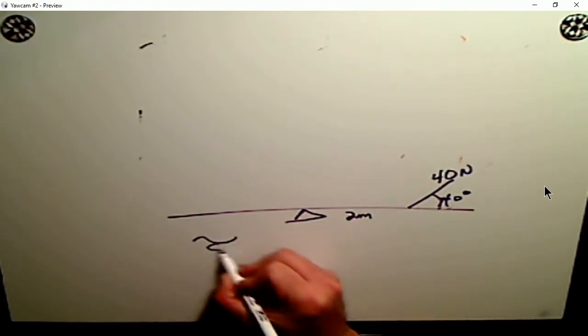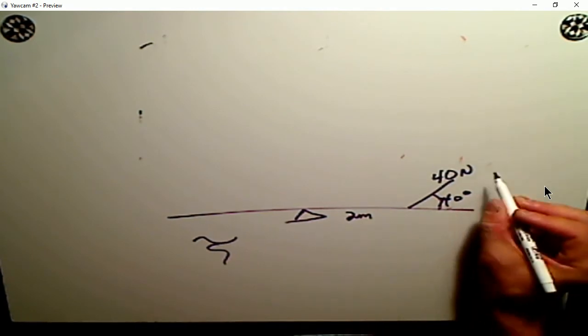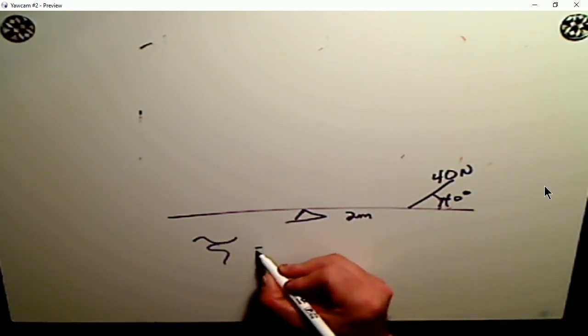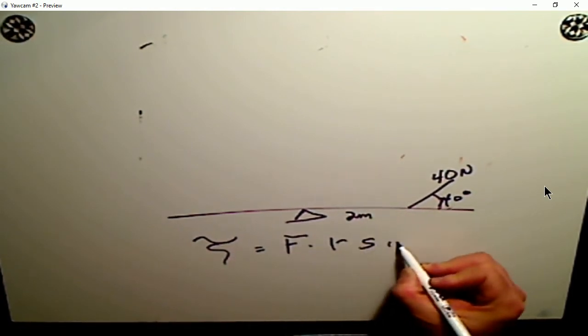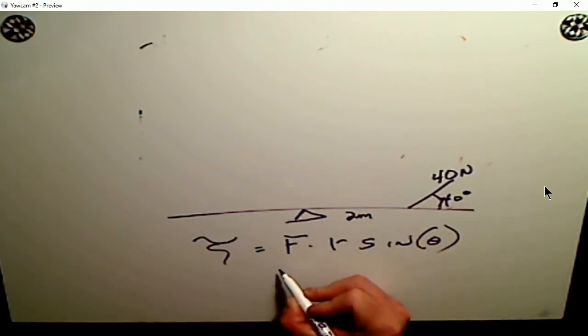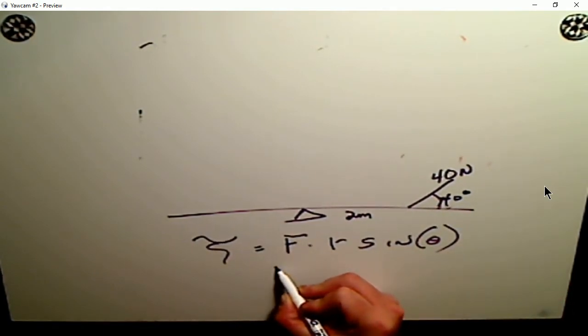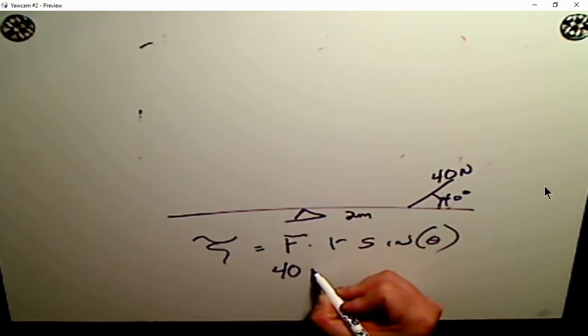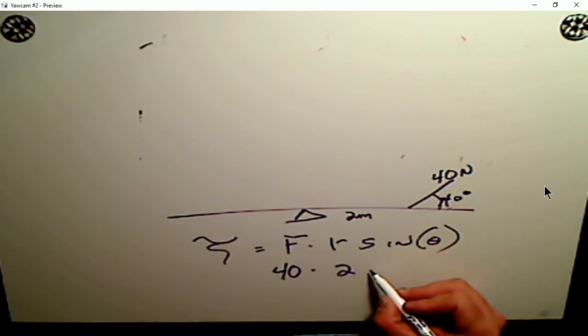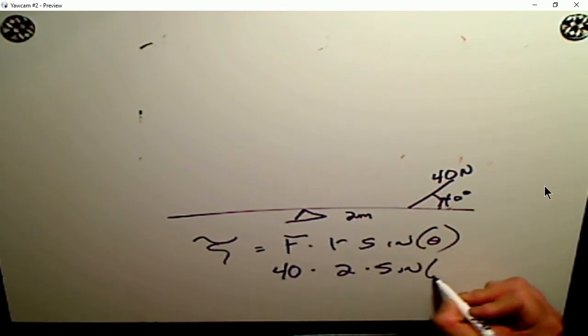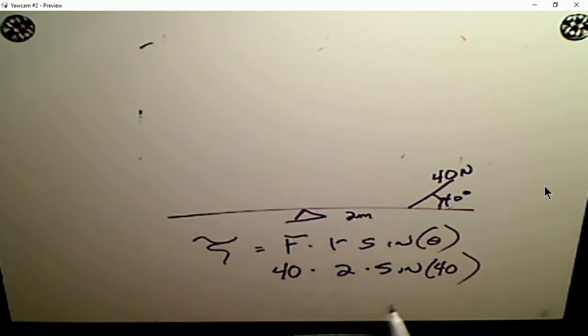So the torque that is caused by this force at this angle would be force times the radius times sine of the angle, right? 40 times 2 times sine of 40. I'll give you a second to figure that out.